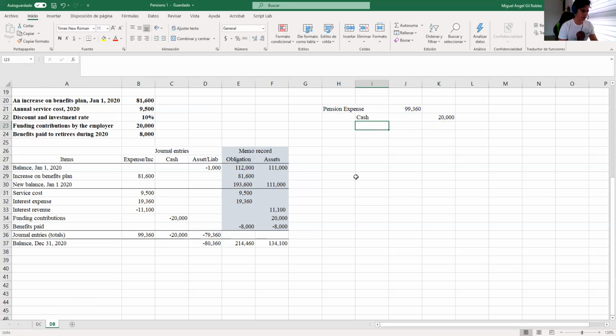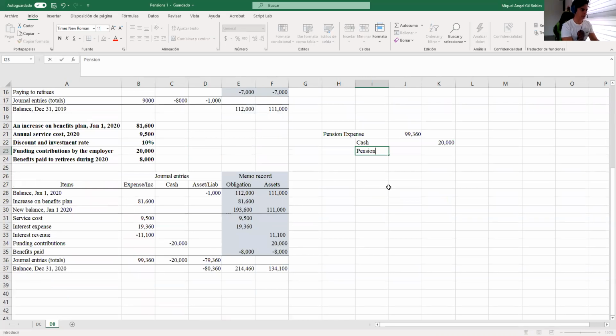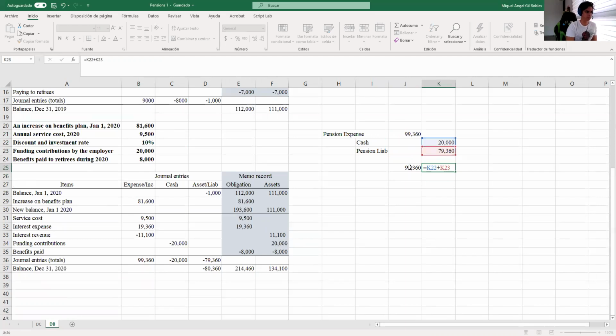And in the asset or liability pension, it's again a liability. That's why we have it in minus. It will be minus 79, like this. So in this way, you have a balance in your journal entry, right?